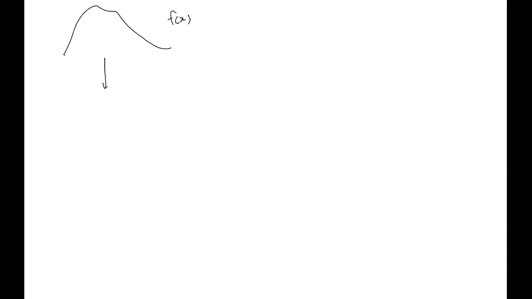And you collected some IID random variables from this distribution, right? So then you have, let's say, a parameter of interest. This distribution has some parameter, okay?